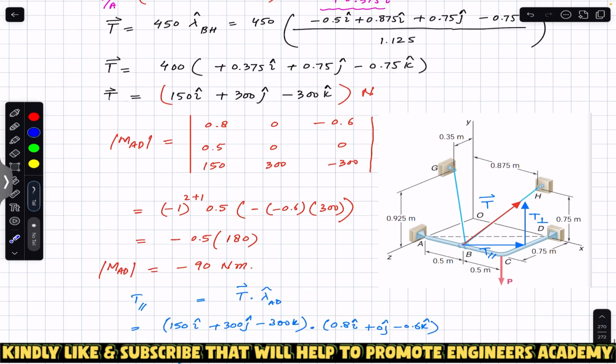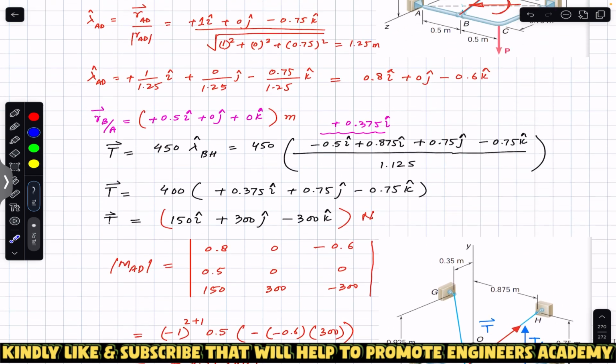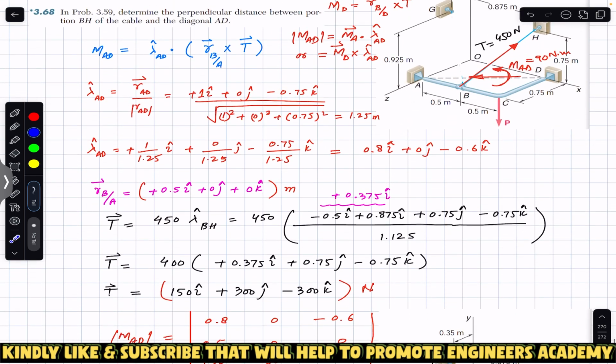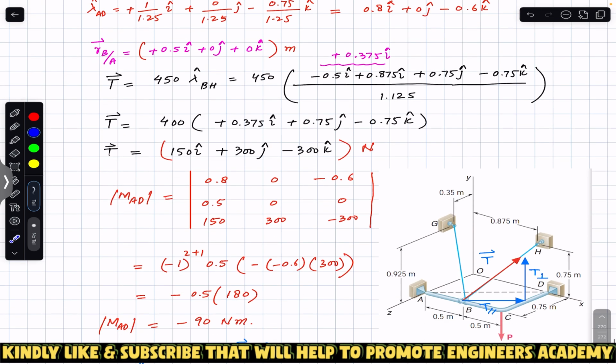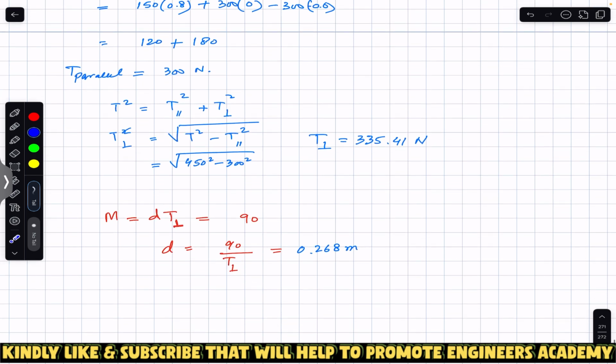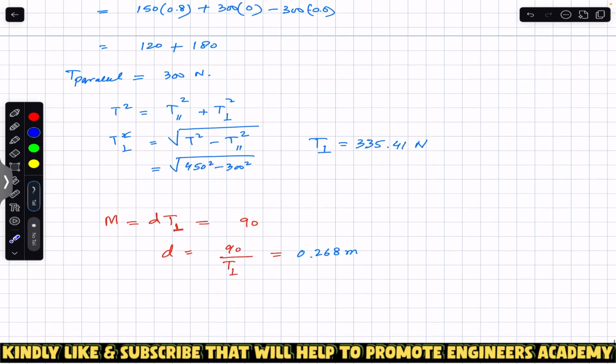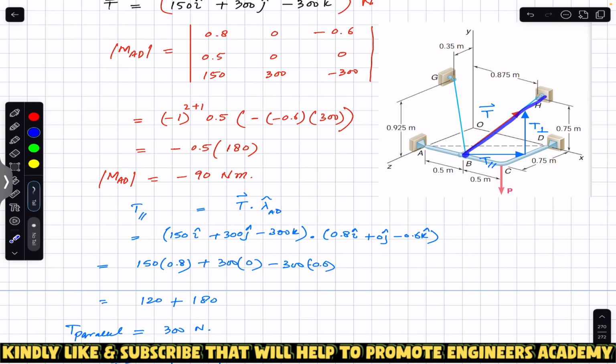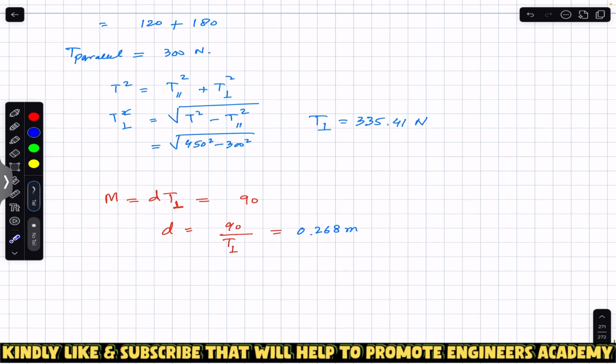So for this particular solution, we must resolve this T vector into two components, because we can find that perpendicular distance between this line BH and this AD by using the scalar definition of the moment.